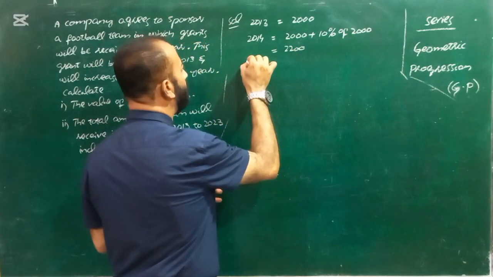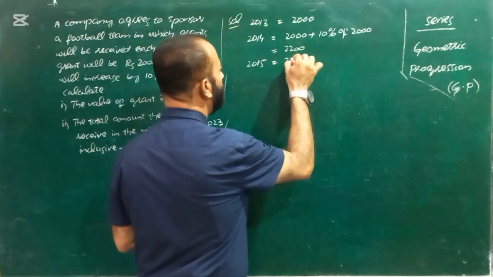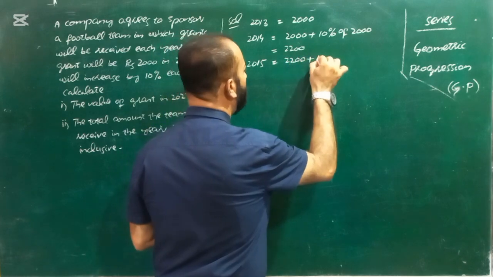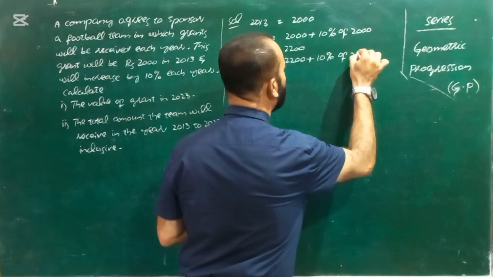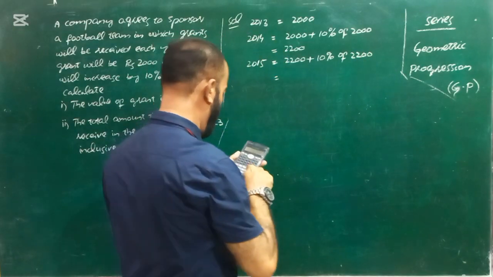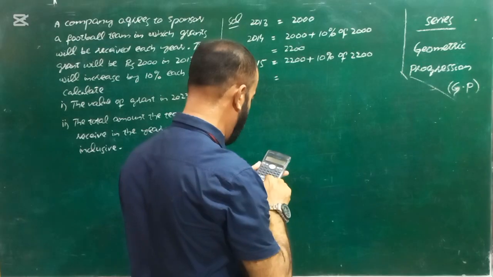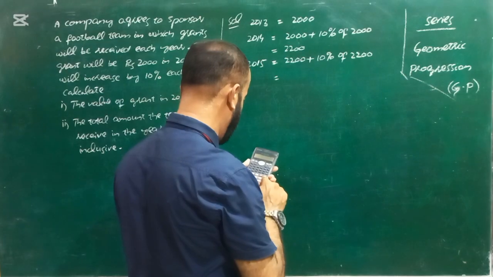Then in 2015, that will be 2200 plus 10% of 2200. So that will be 0.1 into 2200 plus 2200.